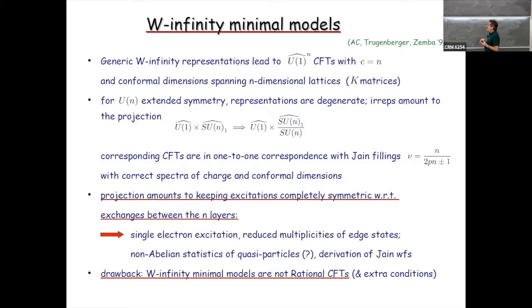So there is a reduction of the number of degrees of freedom. In this sense we call it minimal, because you project down to a reduced representation and then you reduce the number of degrees of freedom. Okay, you take a minimal quantity. And so there are reduced multiplicities, and also, yes, please.